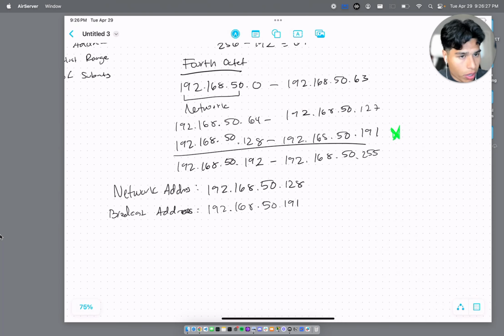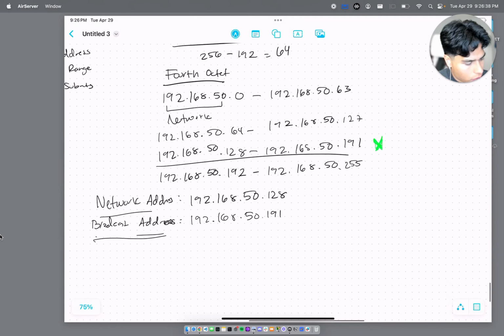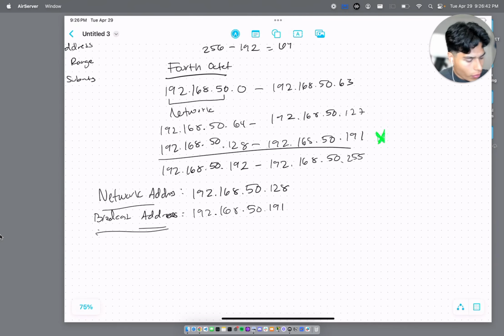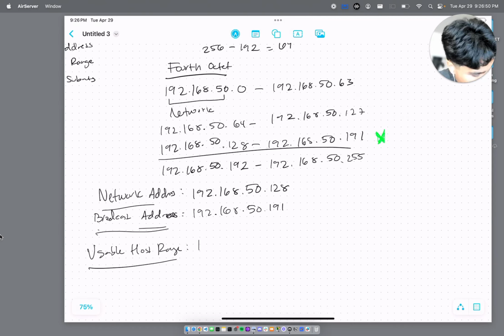It's easier when we're working in the fourth octet than when we're working in other octets to figure out the broadcast. It's still easy either way, but it's basically the same as the last one. So the usable host range is just going to be 192.168.50.129 to 192.168.50.190.